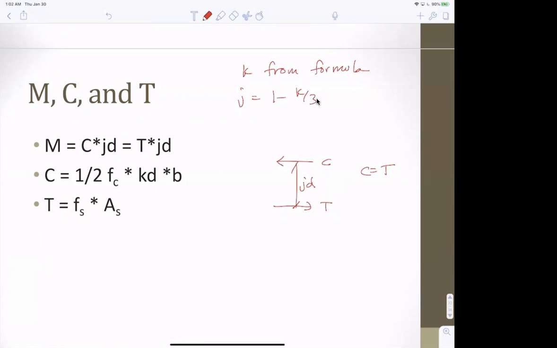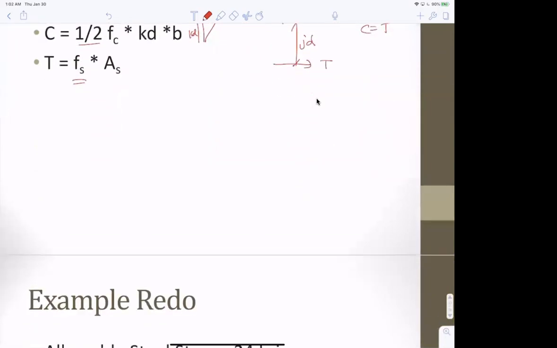C is the area of the concrete stress, a triangle, so 1/2 KD times FC, and then the width of the beam is B. And T is just the steel stress times AS.